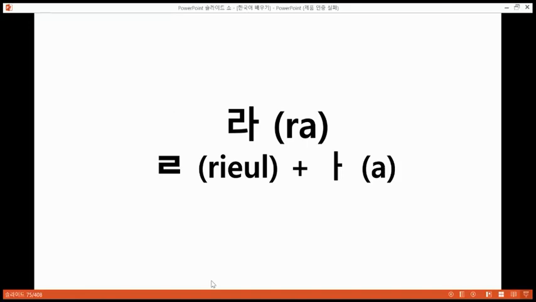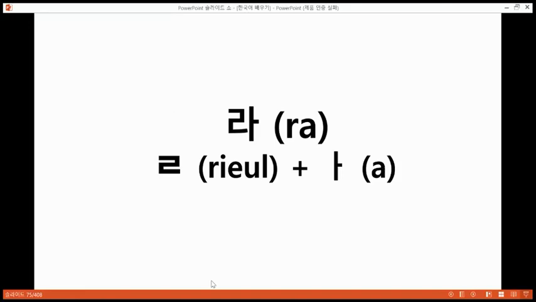As I mentioned yesterday, the Korean letter 리을 can be either R or L. If you notice that I cannot pronounce R very well in English, it's because we have only one letter, 리을. So sometimes I pronounce it as L or sometimes R. Do you understand?